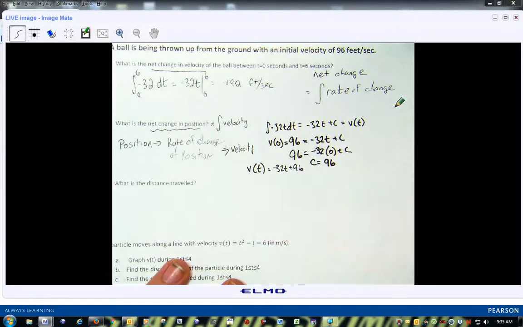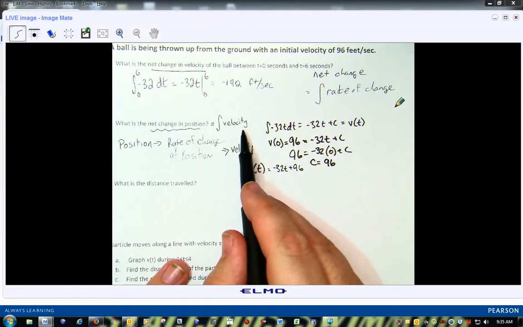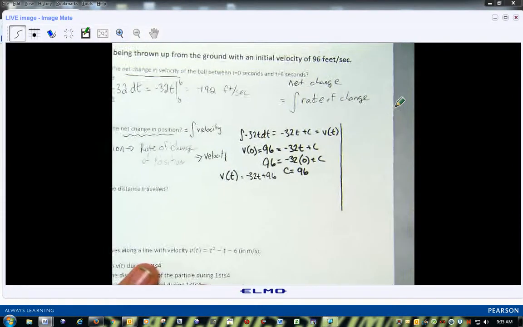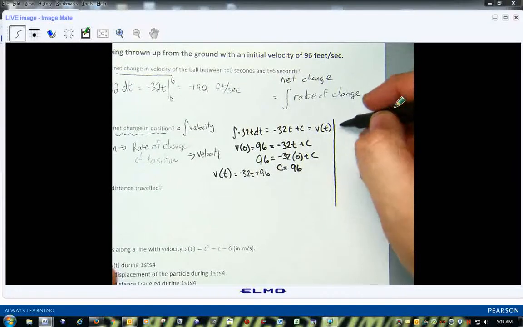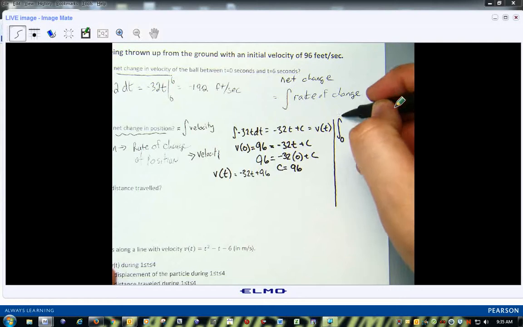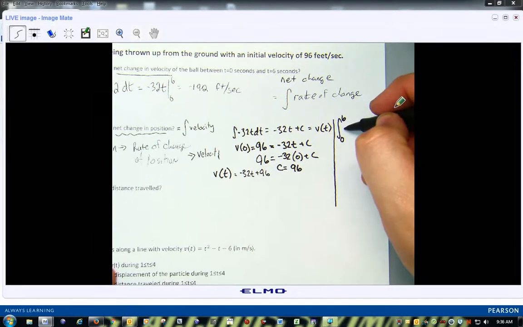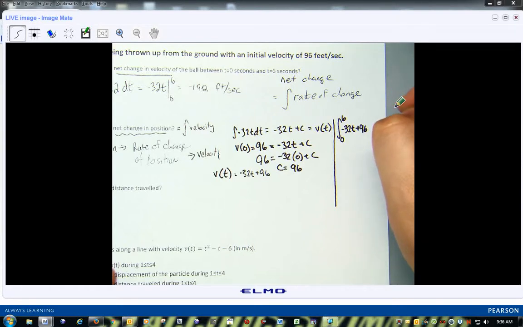Now, net change in position is going to be the integral of velocity. So I'm going to try and work over here. What's my time? 0 to 6, and my velocity is negative 32t plus 96, and that's going to be dt.